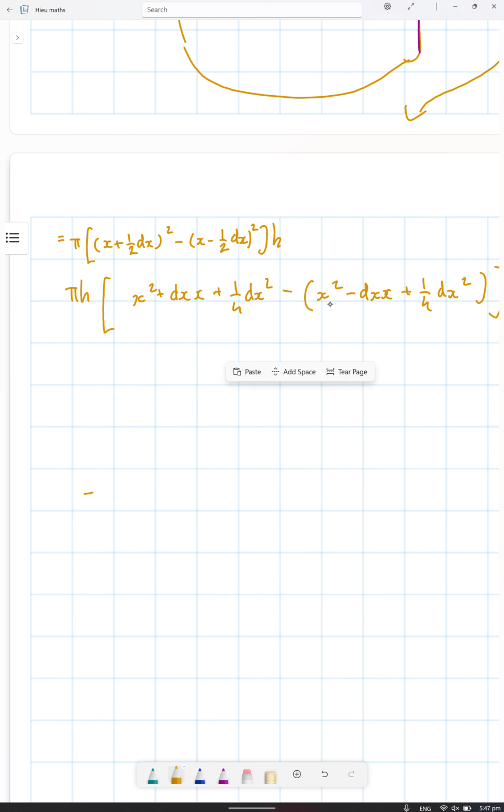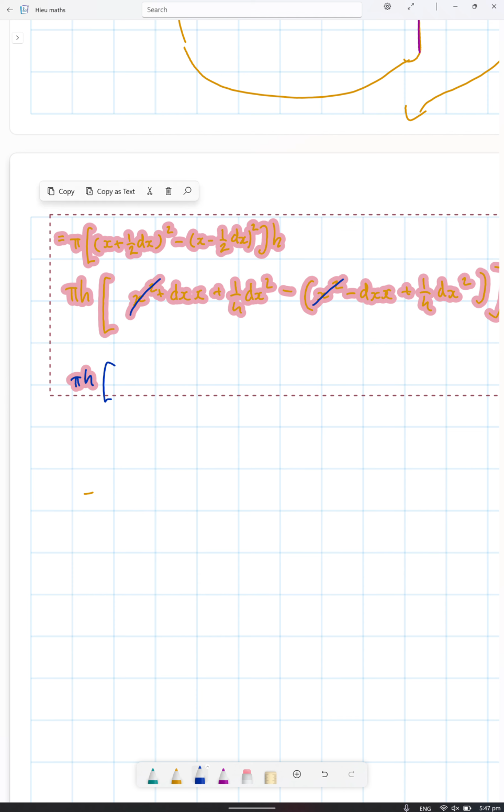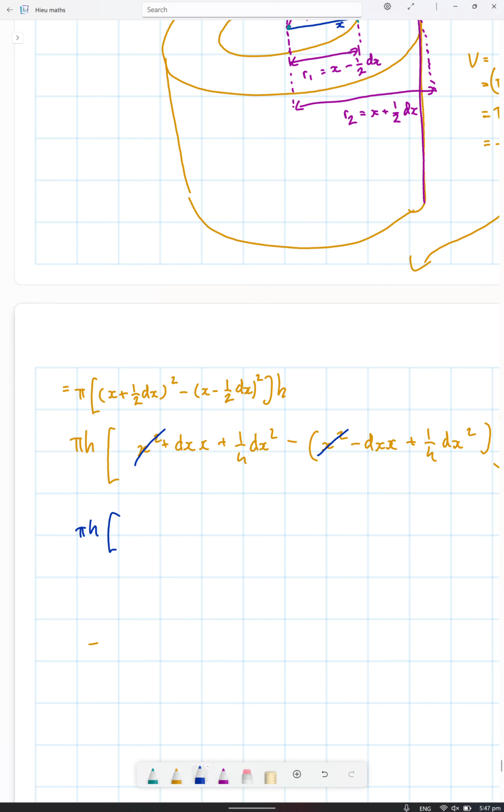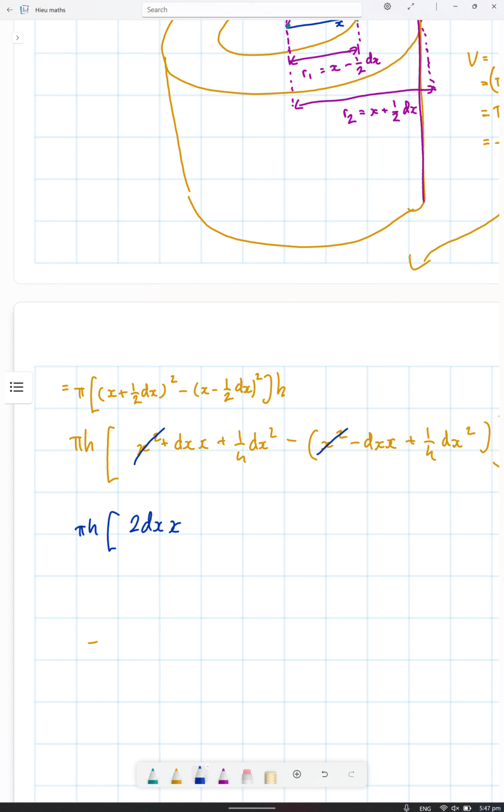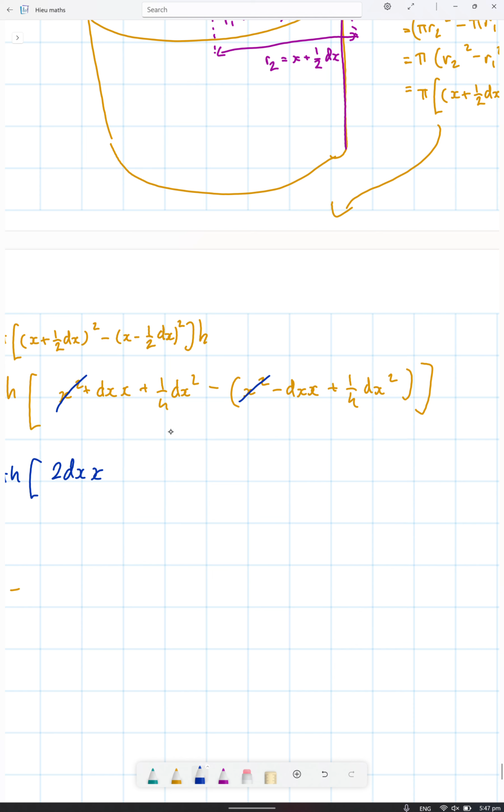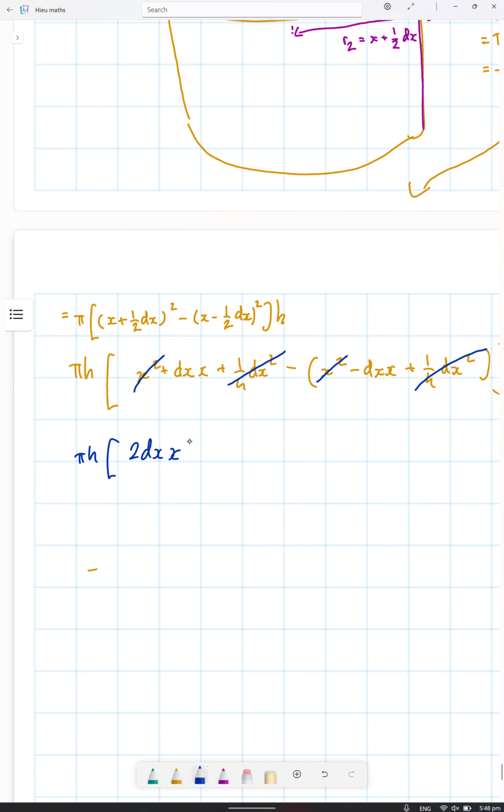And look at this, x squared minus x squared cancels. Dx x minus minus dx x turns into 2 dx x. Then 1/4 dx squared minus 1/4 dx squared, those cancel. So that's what we're left with.